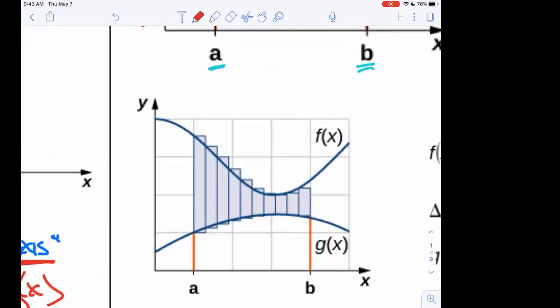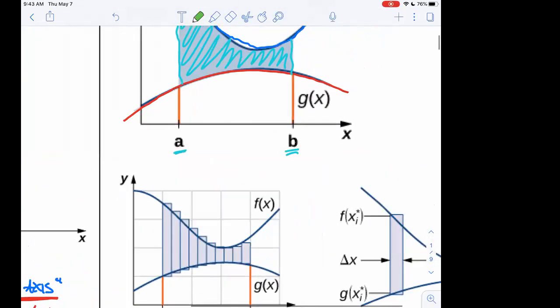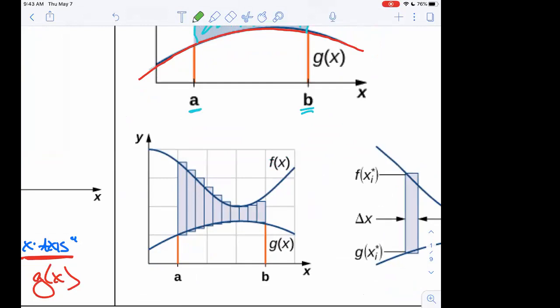Now, let's take a look at this smaller diagram here, okay? When we think about finding the area between a top curve and a bottom curve, what we're doing is taking the distance between the two curves. So let's say I find this distance right here, and I find the area of that rectangle.